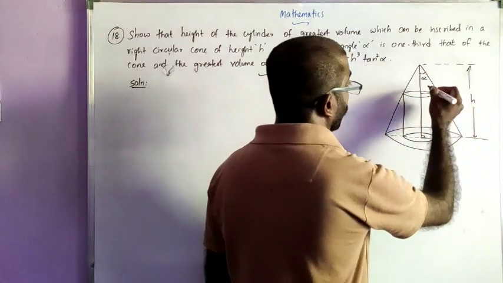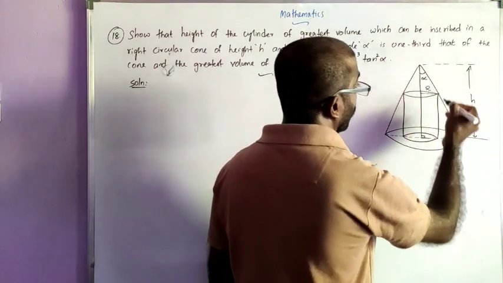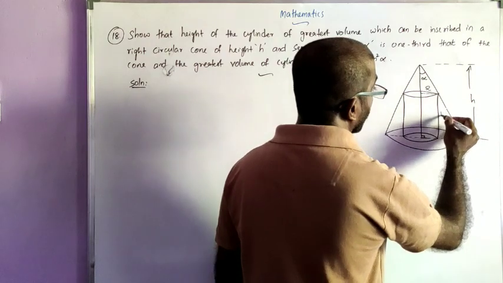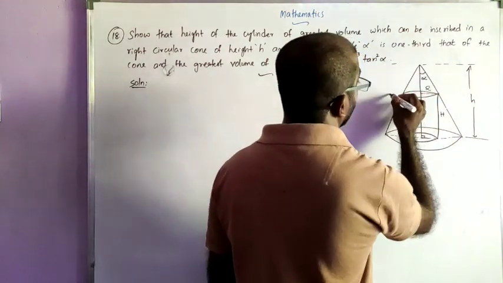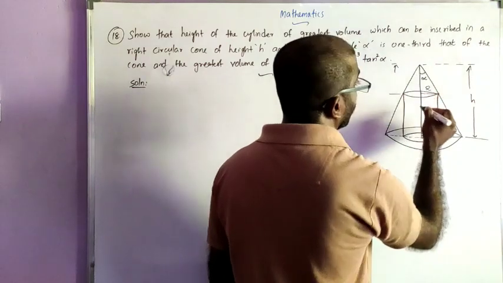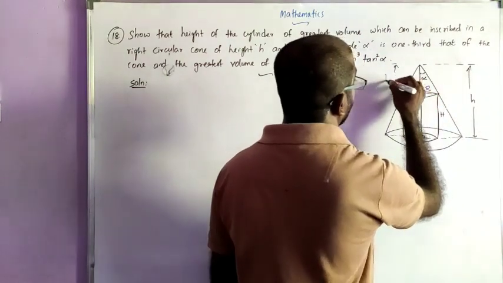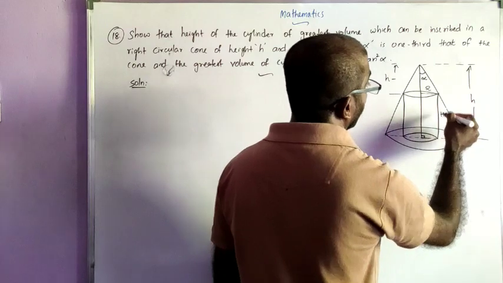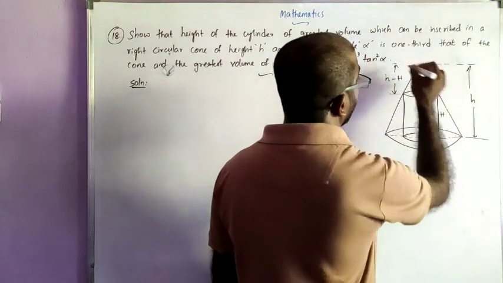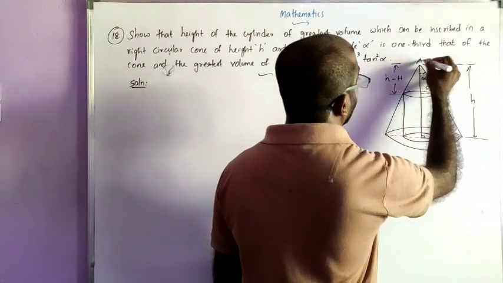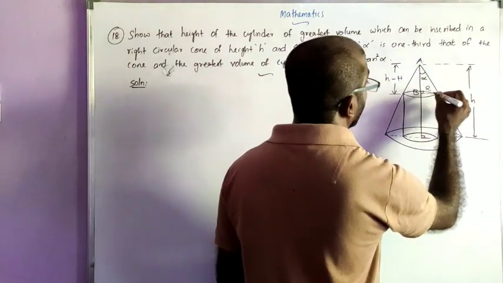Let us take the radius of the cylinder as capital R and the height of the cylinder as capital H. So we can mark this much distance as total, small letter h. So small h minus capital H. And we can mark the triangle as A, B, C.